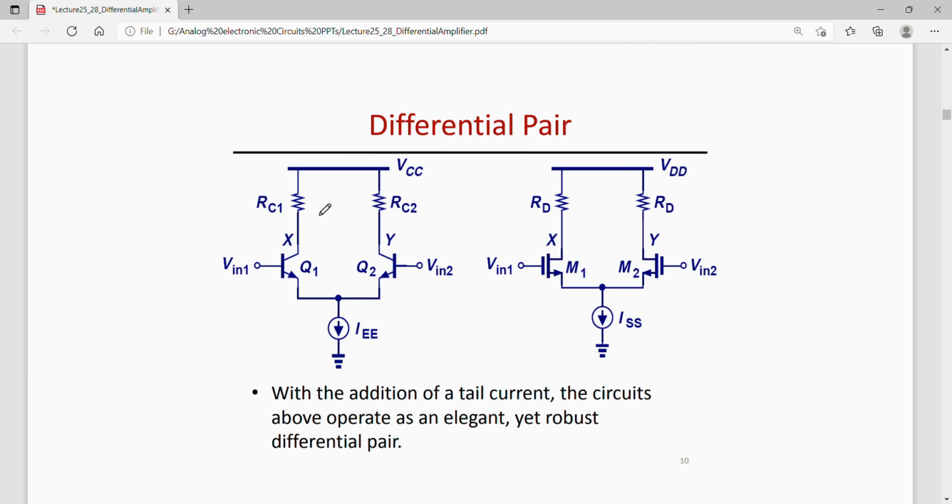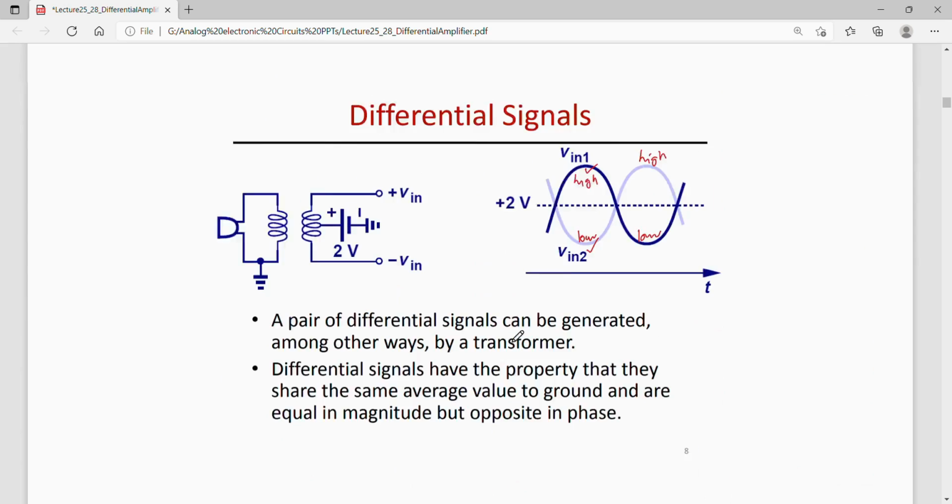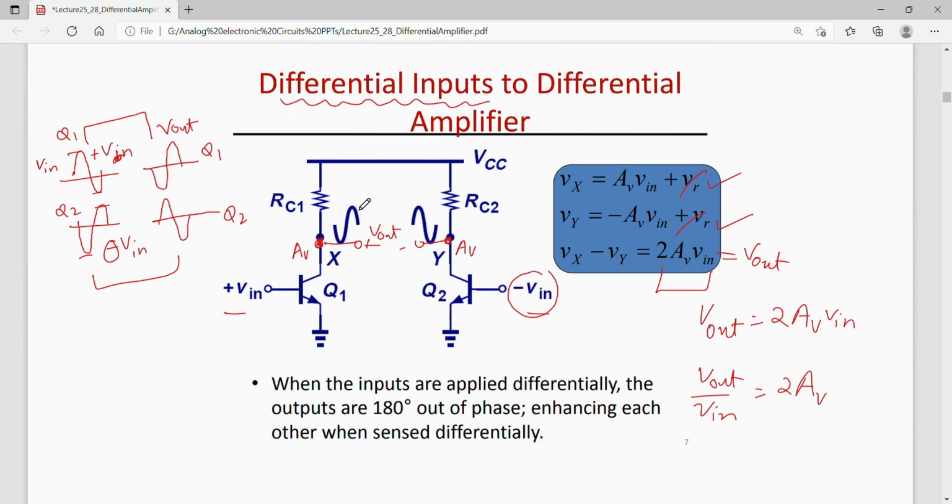Now one can make the previous circuit, that is the differential pair, more stable. If I attach a tail current source over here, I can make this circuit more stable. We had studied some time back, while reading the common emitter configuration, that addition of a current source on the emitter side sets up the collector current.